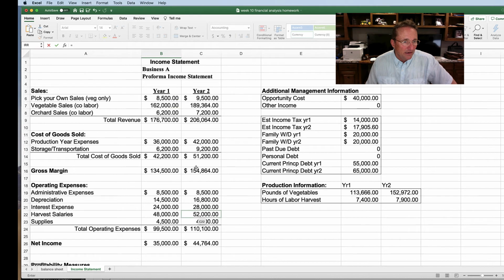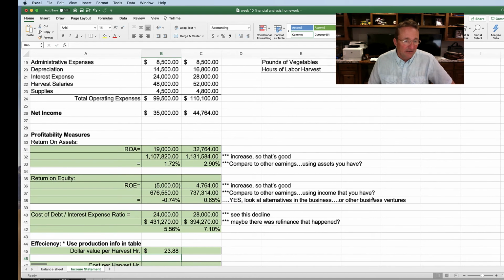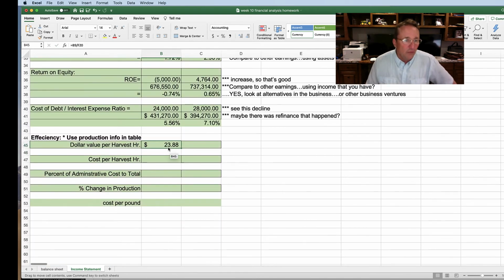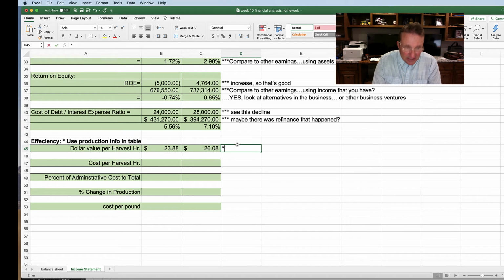So I'll go up here, and it looks like I'm earning revenue of $176,000 divided by the harvest hours it takes me to get that done. Enter. Looks like I'm earning $23.88 an hour. If I move across here, I'm earning $26 an hour. So this looks good on the revenue per hour.